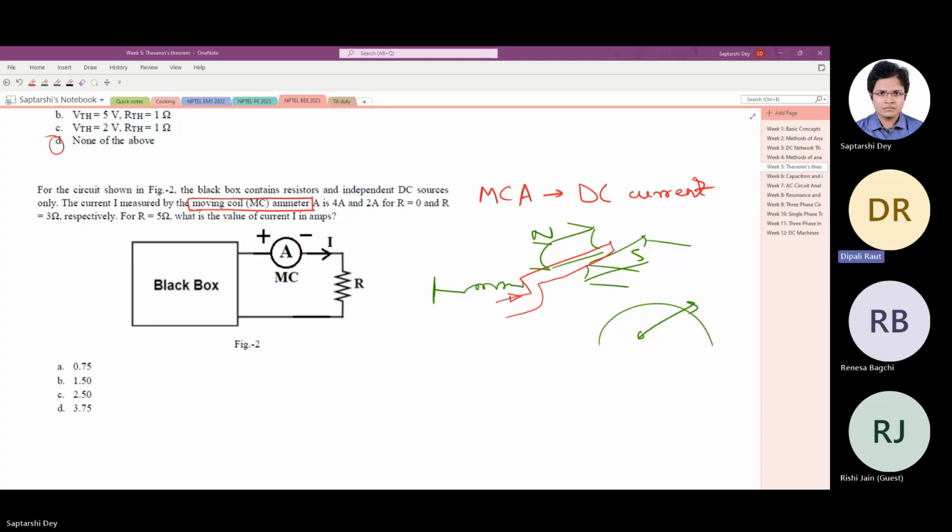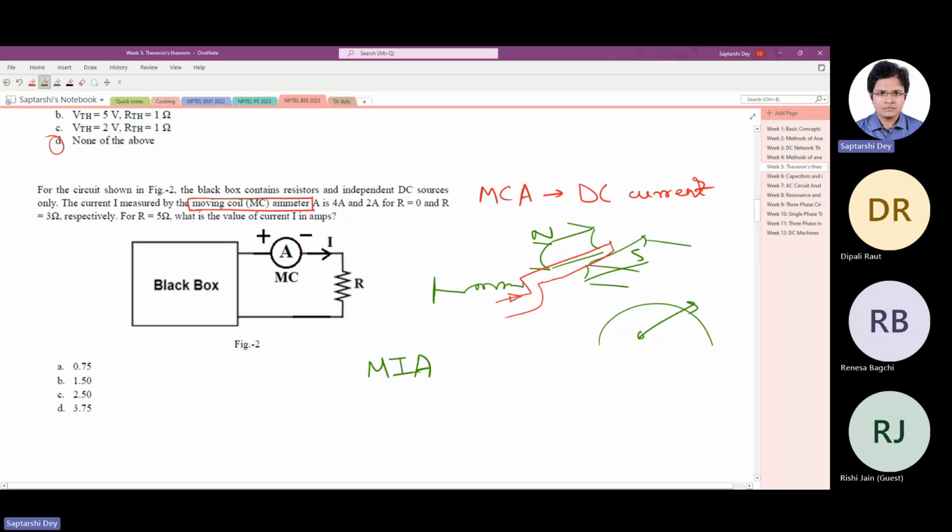Yes, sir. They are using these ammeters. So these two ammeters you have used, MC and MI. MCA. What is the other one? Moving iron.